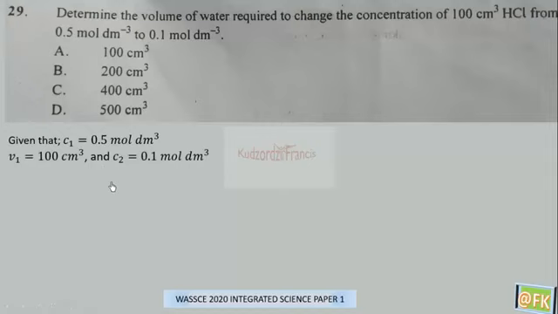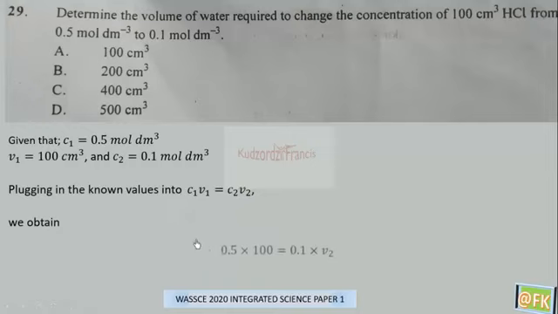C2 to be 0.1 mole per decimeter cube, but we don't know V2. Putting the known values into C1V1 equals C2V2, we obtain 0.5 times 100 is equal to 0.1 times V2.